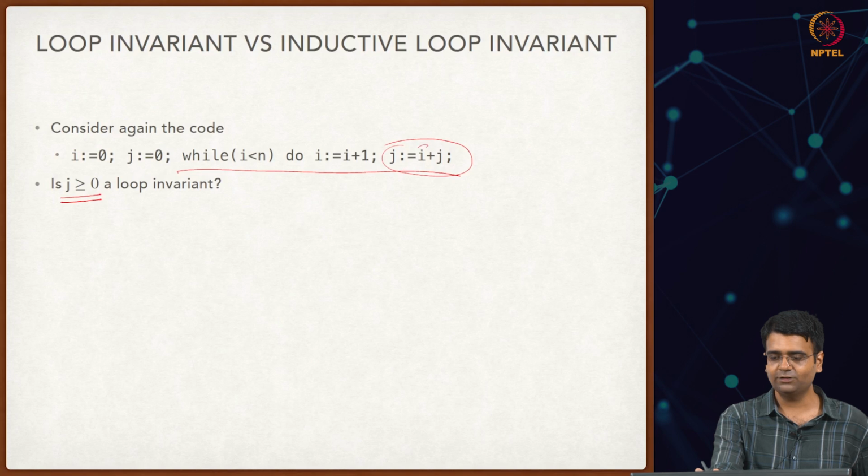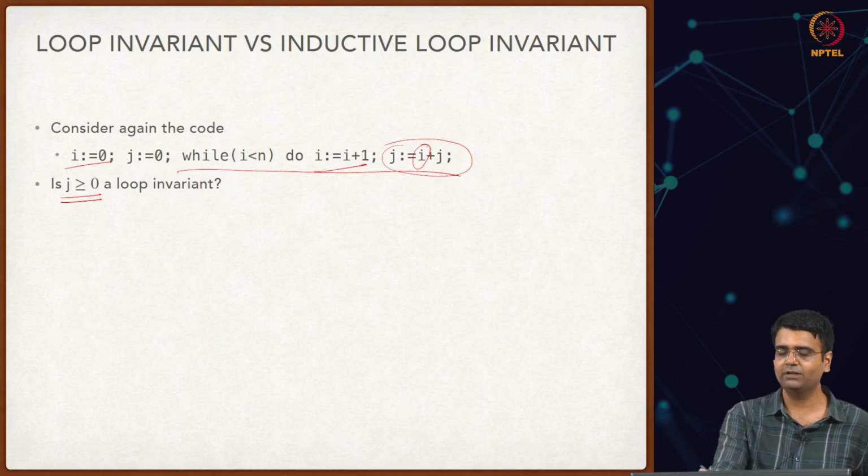Furthermore, what is it that you are adding? You are adding this value i, but I also know that i itself is a positive number, because it starts with 0 and in every iteration I am simply incrementing the value of i. So this means that I am essentially adding a positive number to j in every iteration.